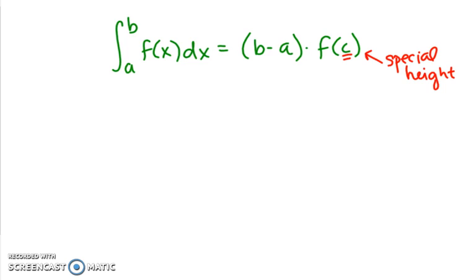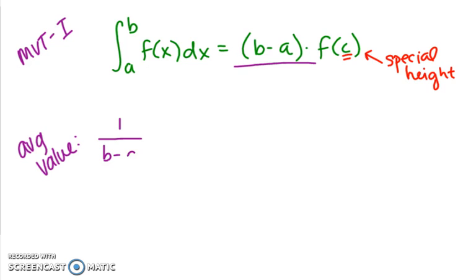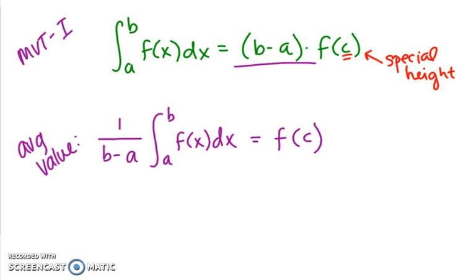But we can also rearrange the MVT into average value. We do that by just dividing out this b minus a. So to find that special average height, you can use the average value formula.